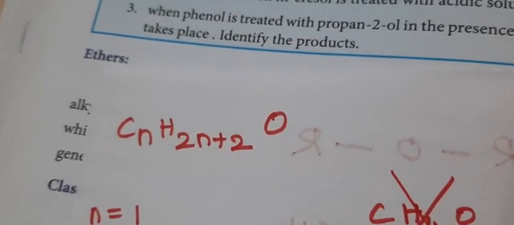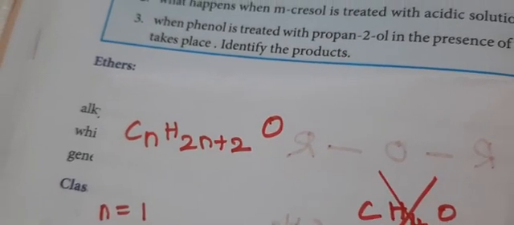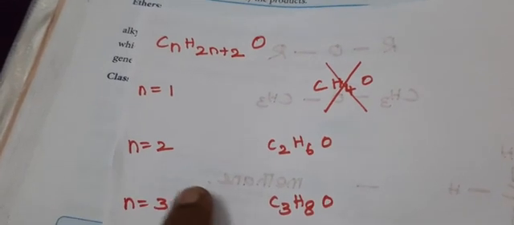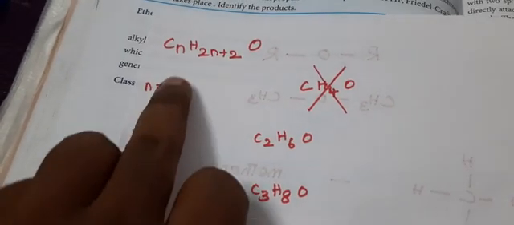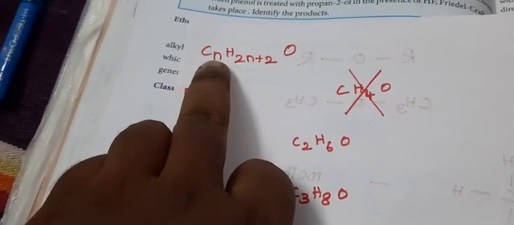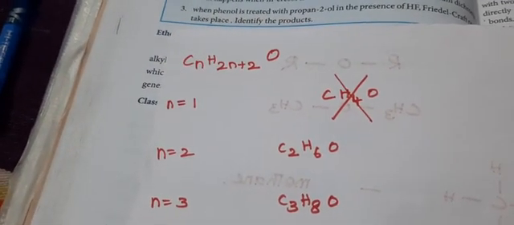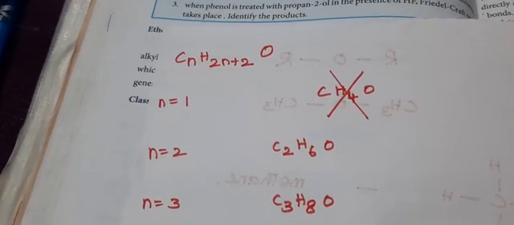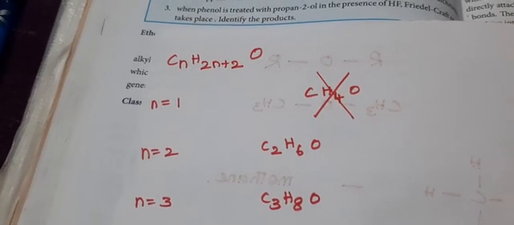By using this formula, we can get the molecular formula for all the ethers. See some examples. If n equals 2, if you substitute 2 in this formula, you will get C2H6O.